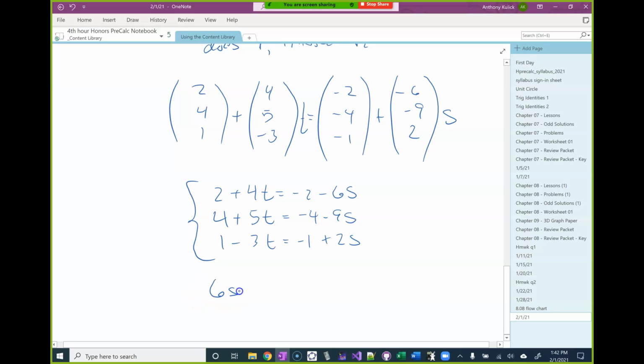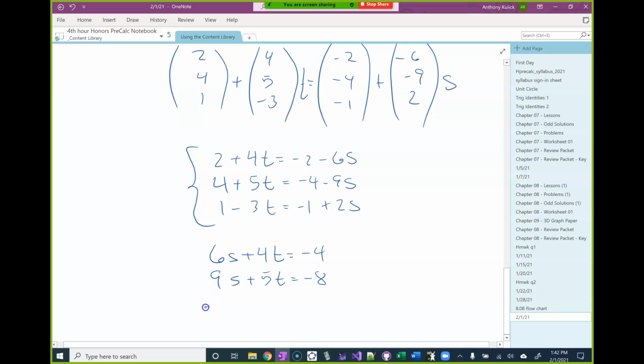So I'm going to put the s's and t's on one side now and the constants on the other. Everybody's okay with what I did there? Again, I just did some algebra in my head, but I just added 6s to both sides and then subtracted 2 from both sides to get the variables on one side and the constant on the other.